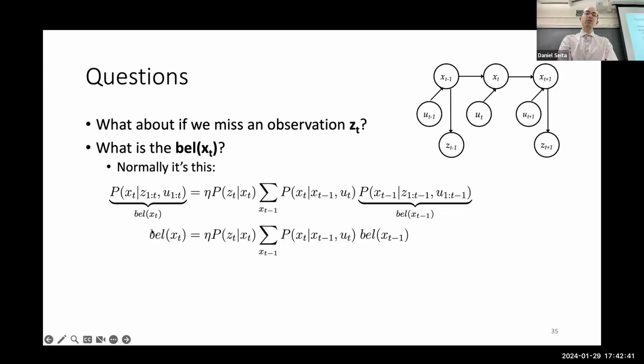How would you compute the belief of xt if you didn't have ZT? I'll give you a second to think about it.